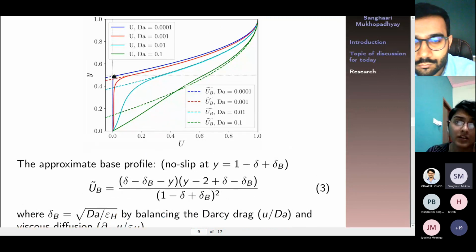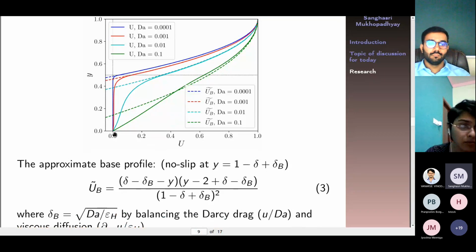So if we move the no slip condition from 0 to this point delta B, the effective no slip condition is at 1, the total height, minus delta, the thickness of the porous medium, plus delta B, which will give me this point particularly.